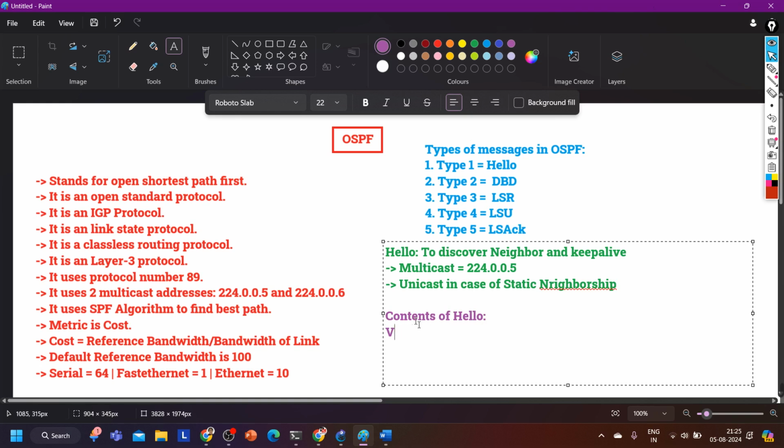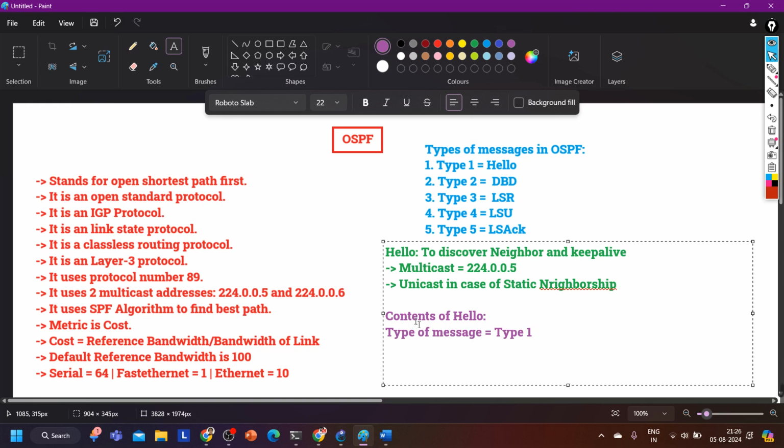What is the version of OSPF? Then there will be type of message, opcode. So hello message is type 1 message, right? So type code will be 1 here, which means it is type 1 message.